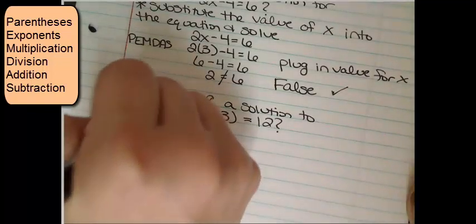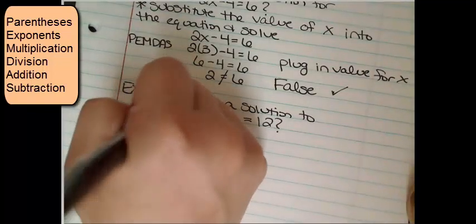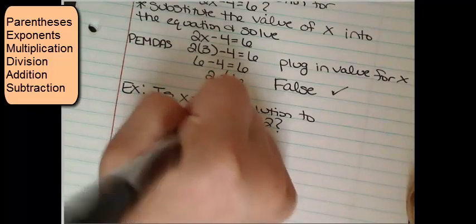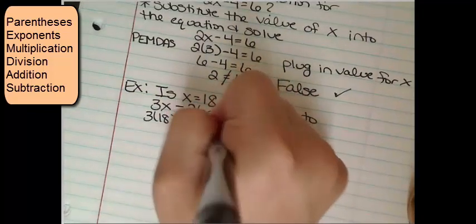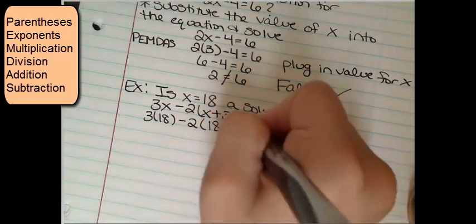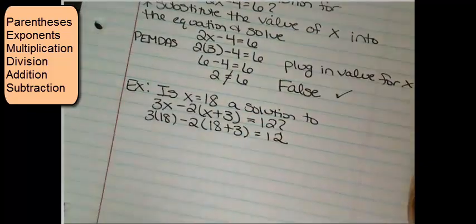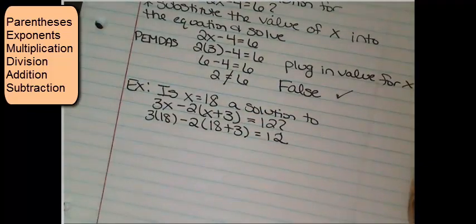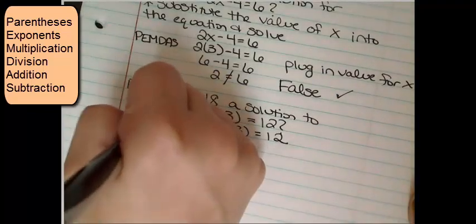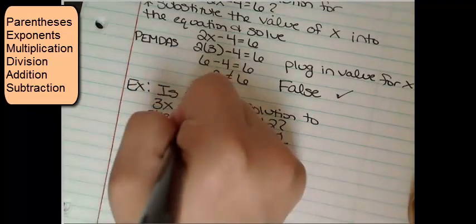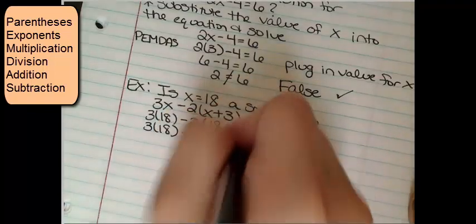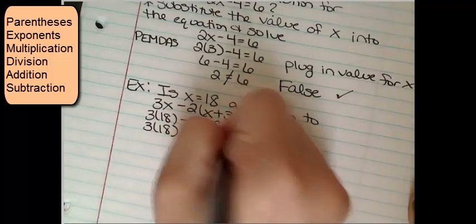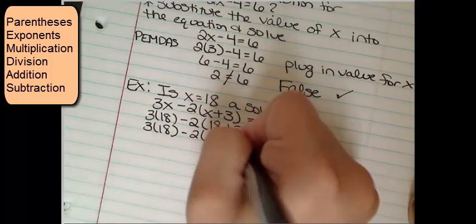So we have 3 times 18 minus 2 times 18 plus 3 equals 12. Let's do what's inside of our parentheses first. So we have 3 times 18 minus 2 times 18 plus 3, which will give us 21. And that equals 12.